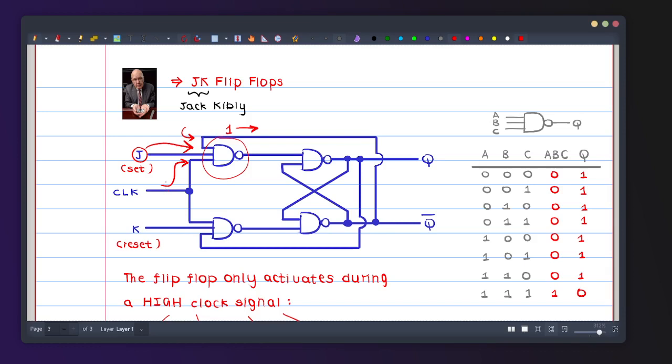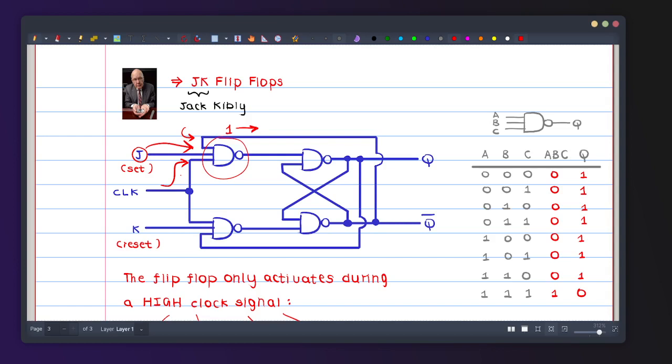So what that means is, it requires the clock signal to be high in order for any changes to be made to the circuit in front.